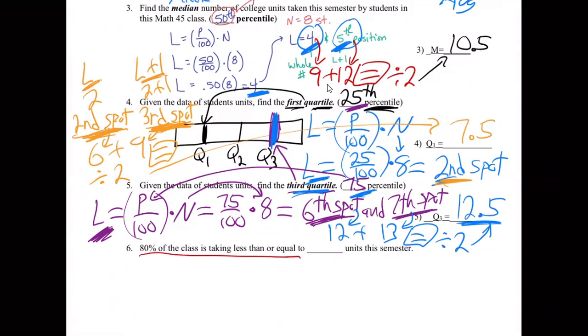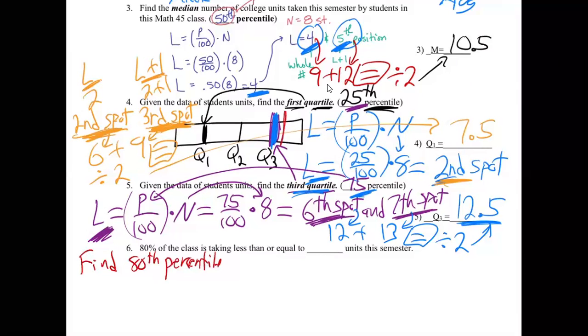80% of the class is taking less than or equal to how many units this semester? Well, that's asking us to find, they're basically saying find the 80th percentile.